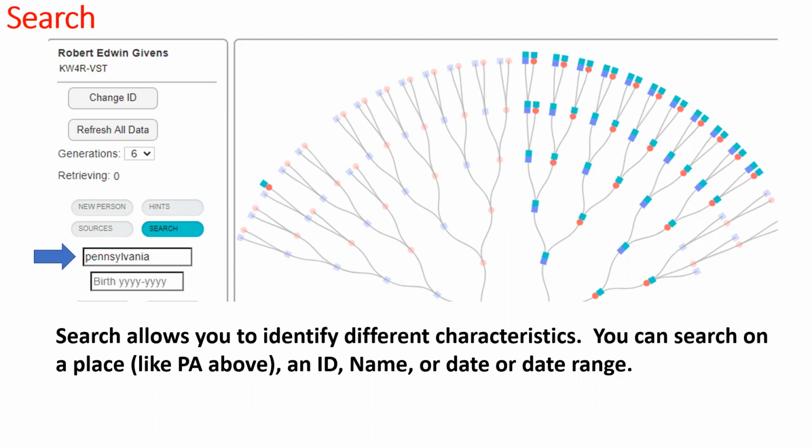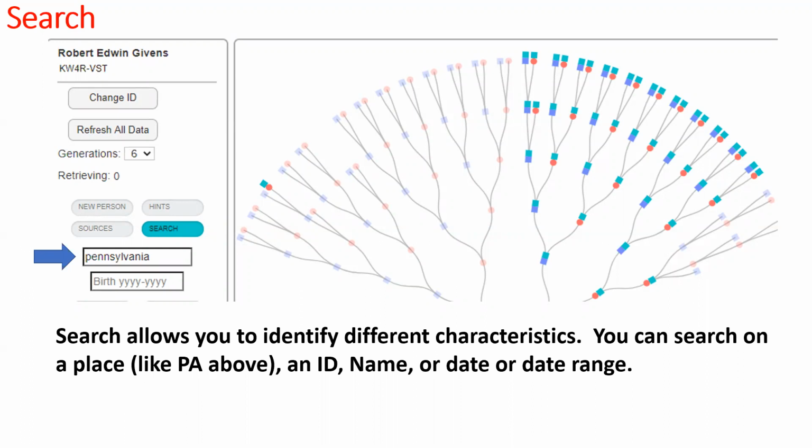Okay, there's a search feature which allows you to do a bunch of different kinds of searches with this data. You can search for a place, like I did here, Pennsylvania. You can search for a certain ID on somebody, if you know their ID number, or a name. You could search for a certain last name, like you want to see where the Jones line is here, or on a date or a date range.